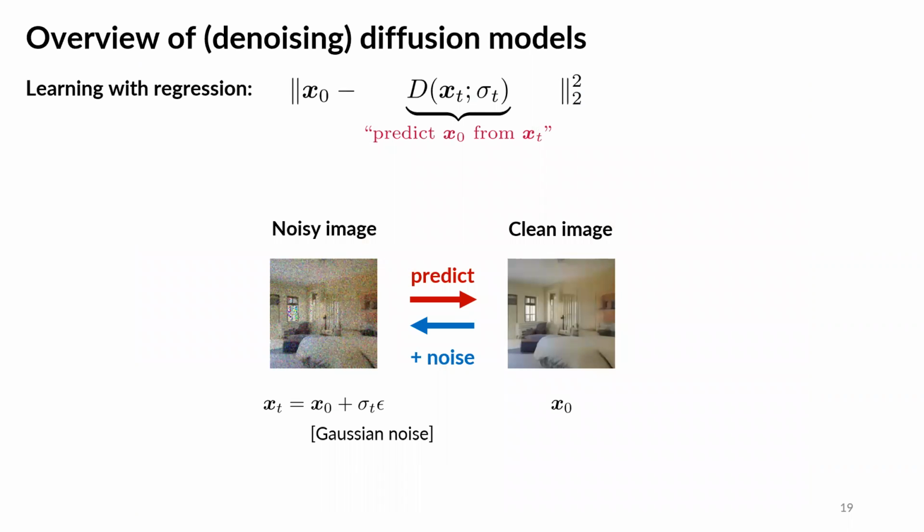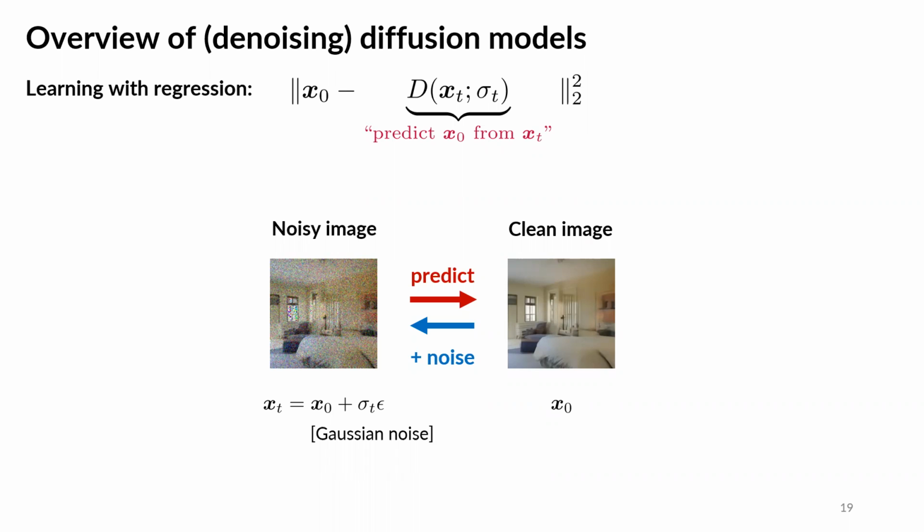So a very quick overview of denoising diffusion models. Basically, we have a clean image that we call X0, and we add some amount of Gaussian noise. Here, for example, we add Gaussian noise that has a standard deviation of sigma t for every dimension, and in every dimension we add Gaussian noise independently.